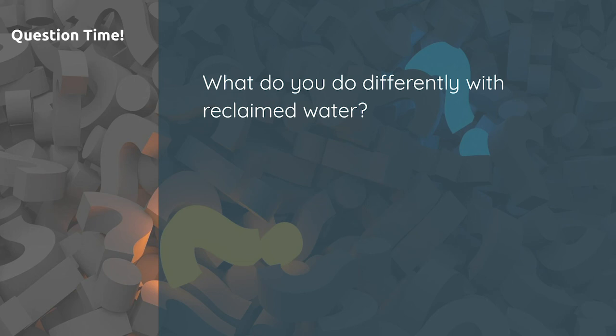I've got another question. What do you do differently with reclaimed water? That's something definitely to look into, the reclaimed filtration systems, but they're their own system of themselves, and they're on the larger scale.